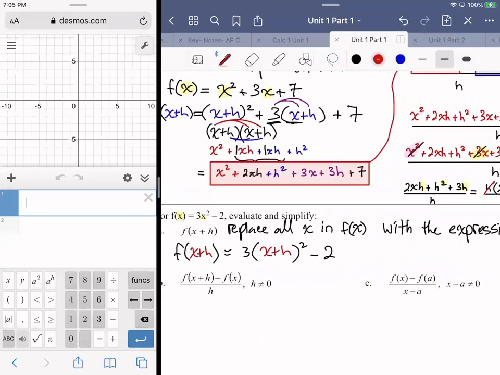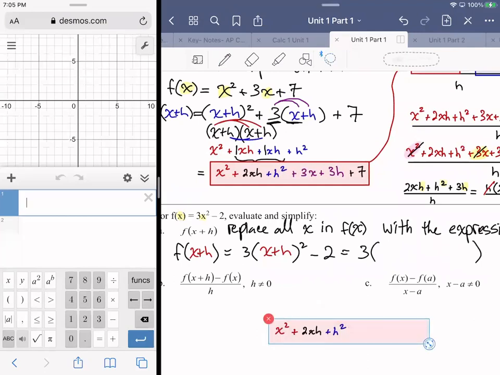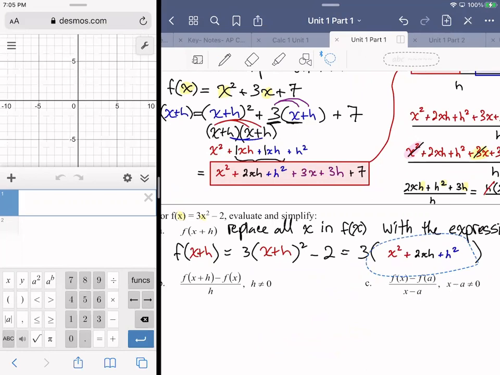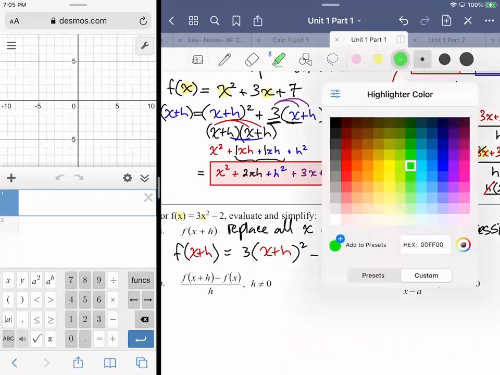So this would be equals, we still have the 3 there, but instead of the x plus h squared, I'm going to put this. And we'll go to the lighter color here.